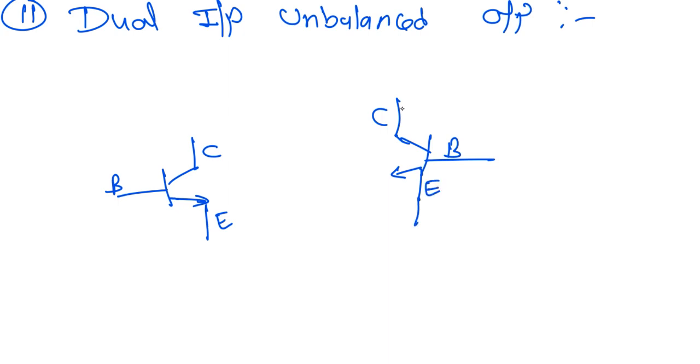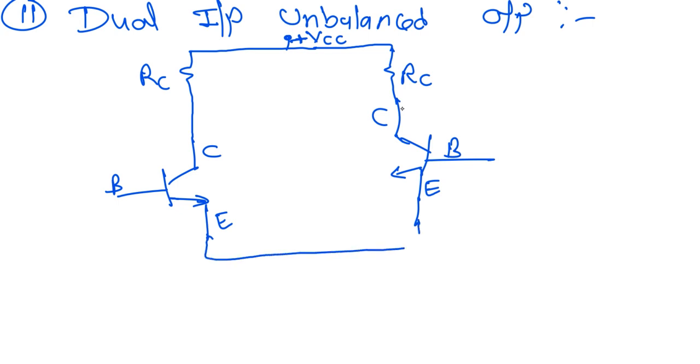Then each collector will have collector resistance RC. I am taking the same value of collector resistance, though it is also possible that the collector resistance values can be different, and the collector resistance is connected to plus VCC. Then the parallel combination of emitter resistance is denoted by a single emitter resistance, which is nothing but RE, and here is minus VEE.